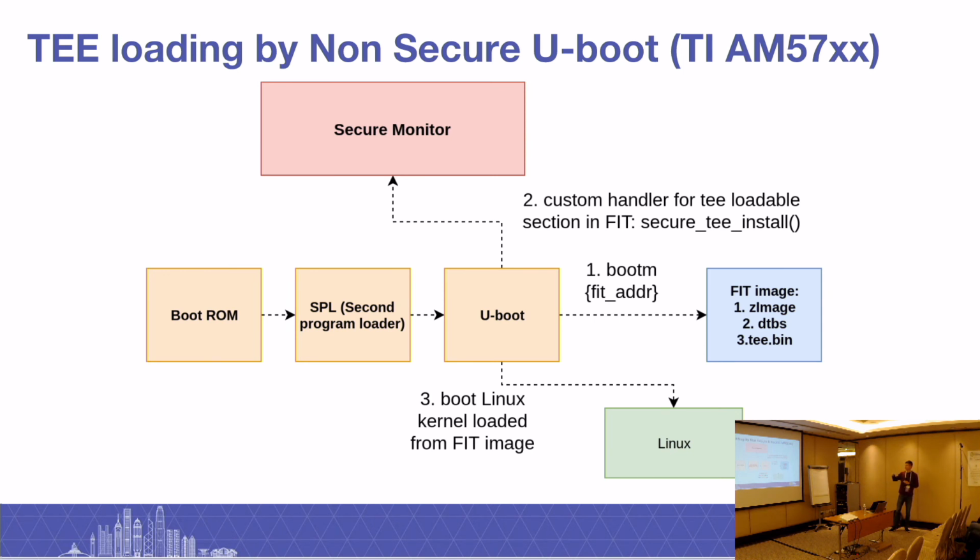Then U-boot, in the current implementation, does the same for every image in the FIT image. What I'm changing now is introducing a generic way of verification and verified boot, and in this case we are not going to use the capabilities of the secure monitor for verifying everything after U-boot.